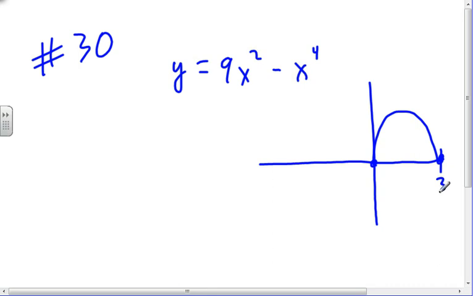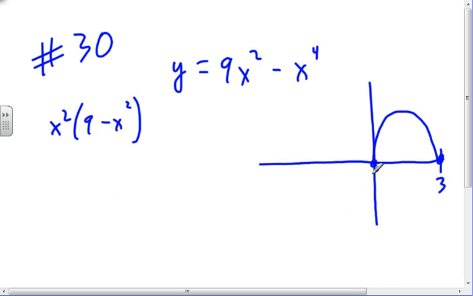When x is 3, y is 0, because 3 to the 4th and 9 times 3 squared are equal. So I think that's the curve I'm looking at. If I factor this, I've got x squared times 9 minus x squared. And that would just send it up higher in the positive interval.